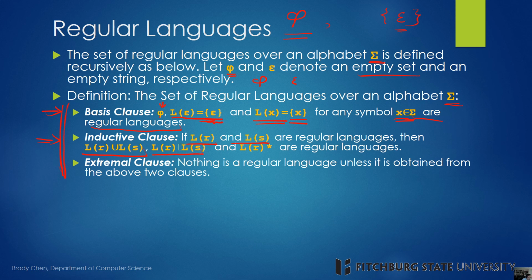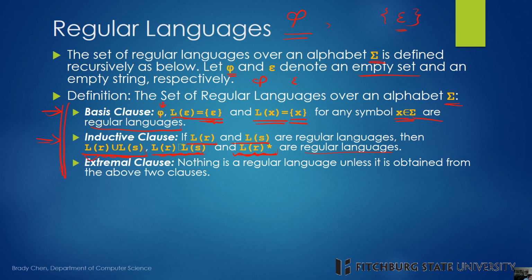The concatenation of LR and LS is a regular language. And the Kleene star of LR is a regular language. So after the operations union, concatenation and Kleene star, these are also regular languages.